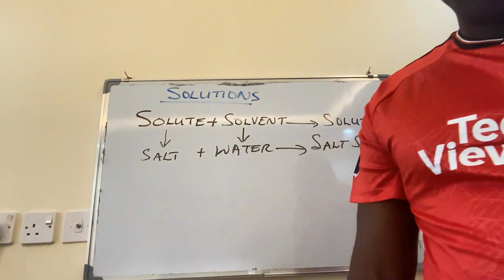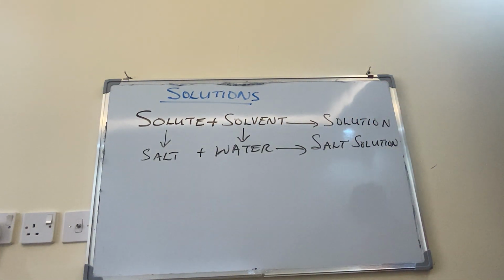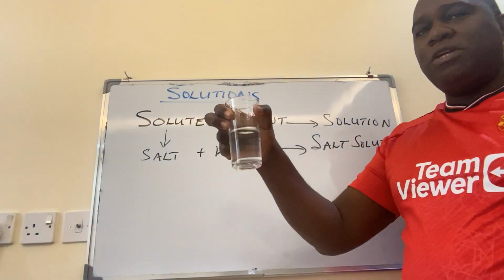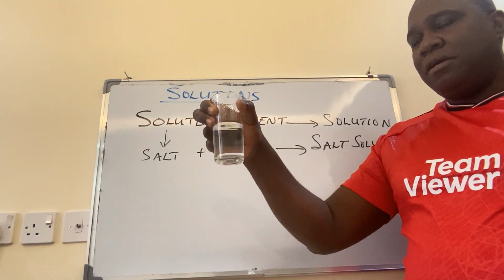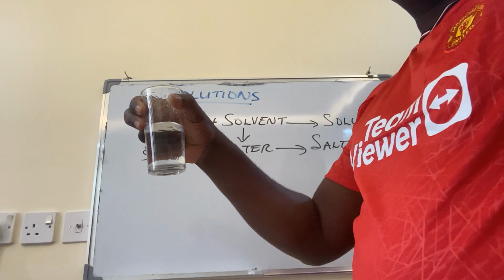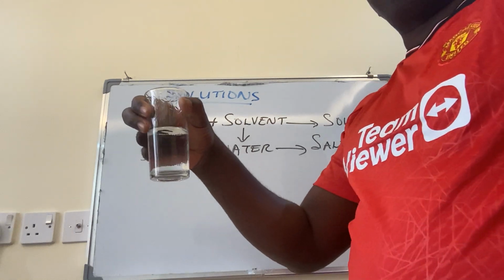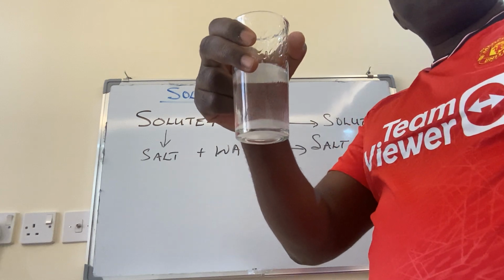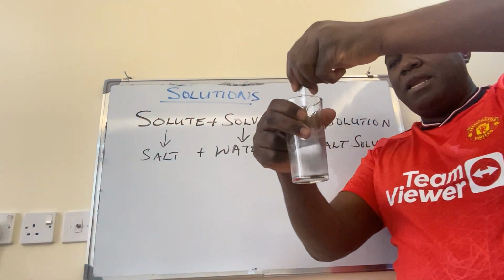So if you are going to demonstrate the formation of a solution, I could have water in this glass. Water is a solvent. So if I take just a few grams of salt, and then I put them into this water, okay, and then I agitate.